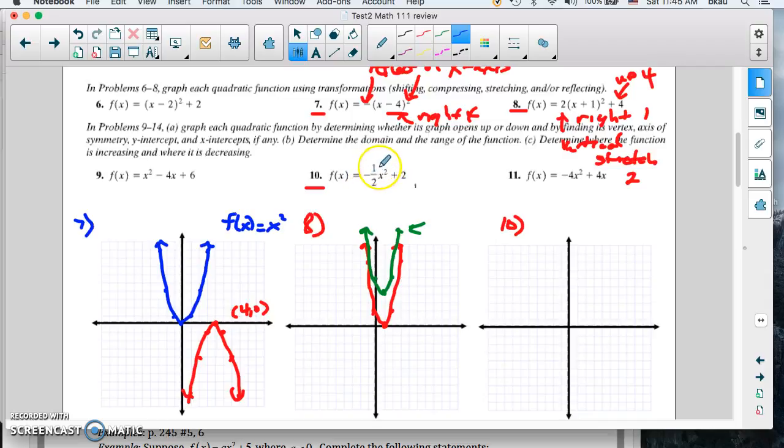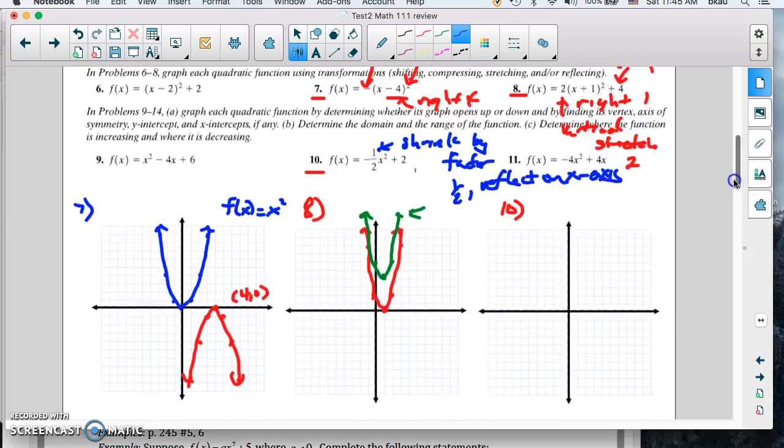And then we're also going to reflect on the x-axis. And we're also going to move it up 2.